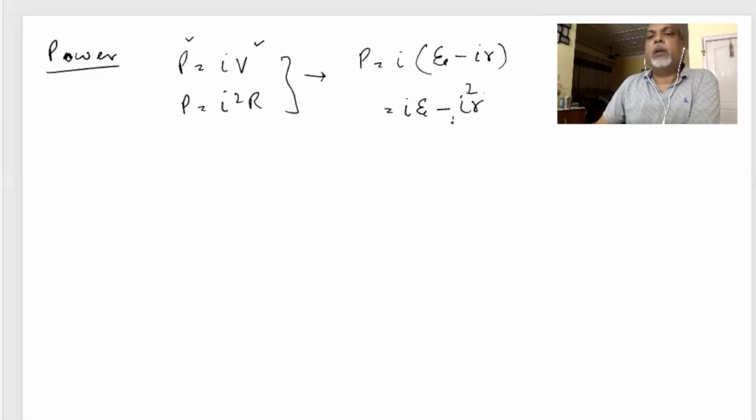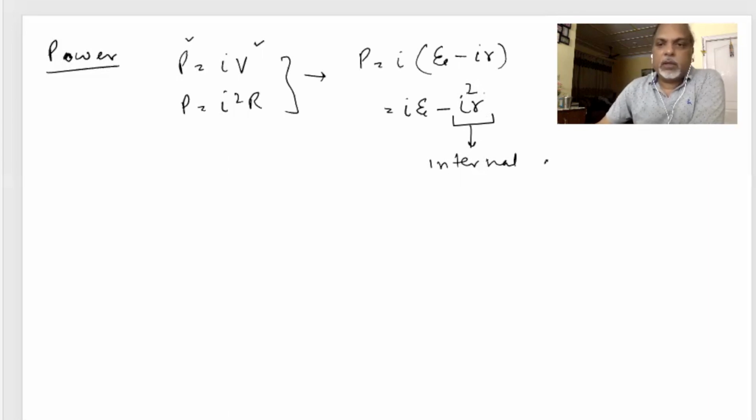Now this part is dissipated within the battery itself, so it is called internal dissipation.